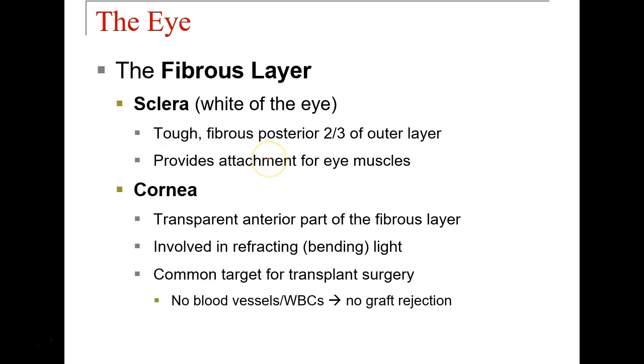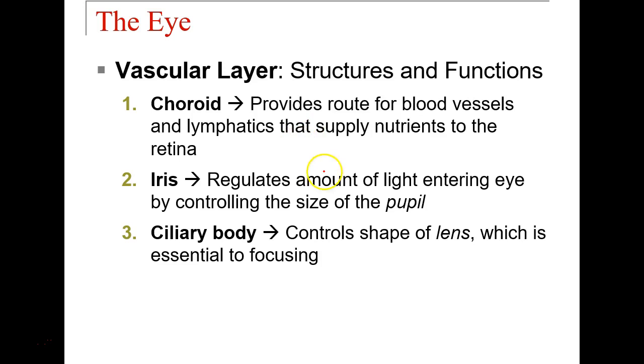Okay, so here is another slide explaining these layers. The choroid provides blood flow and lymphatics for the retina. The iris regulates the size of the pupil, allowing a certain amount of light in. The ciliary body controls the shape of the lens, which helps focus the light.